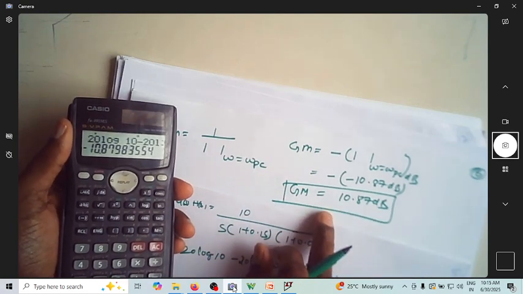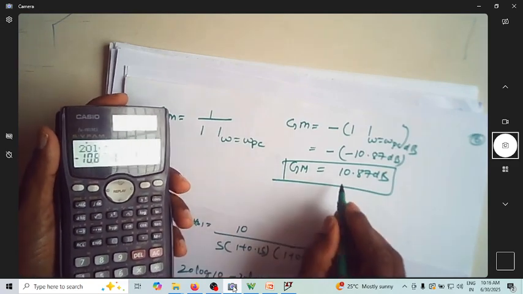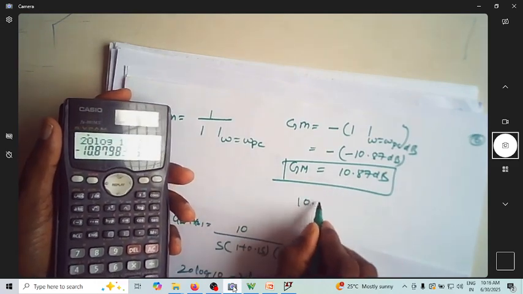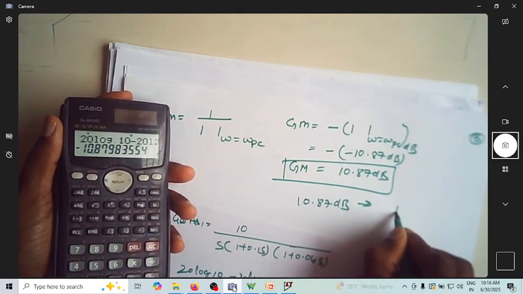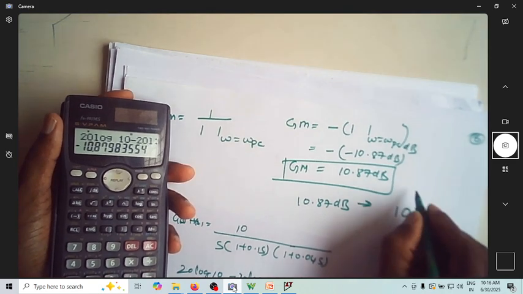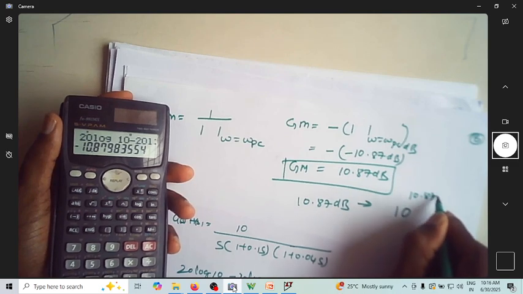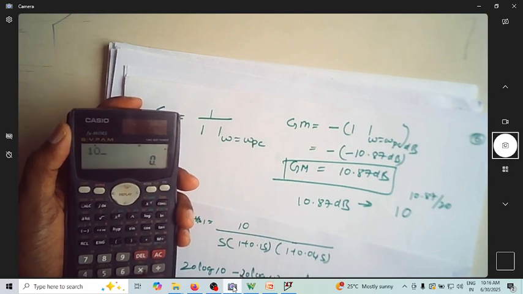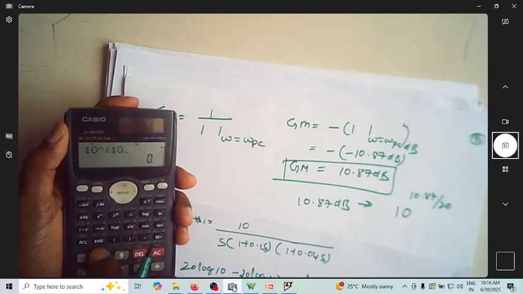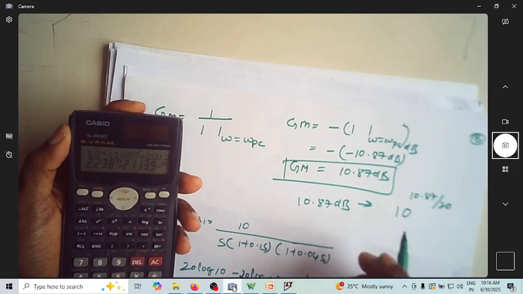So what is this 10.87? I can find the magnitude of this one. What is 10.87 dB in actual value? It corresponds to 10 to the power of 10.87 divided by 20. How much is that?